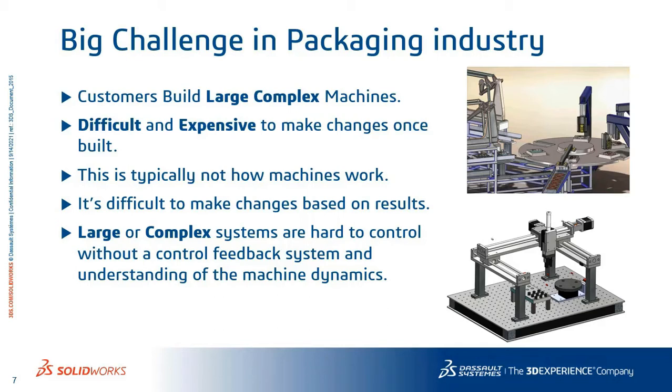At the time of the first run, the machine typically does not work as it should, and we get certain issues. With the help of motion we can run it virtually and be sure that after manufacturing and assembling, it will work as per our requirements. Large or complex systems are hard to control without a control feedback system and an understanding of the machine dynamics.